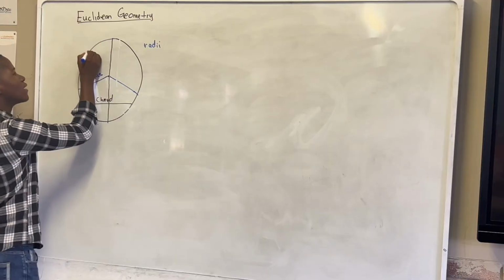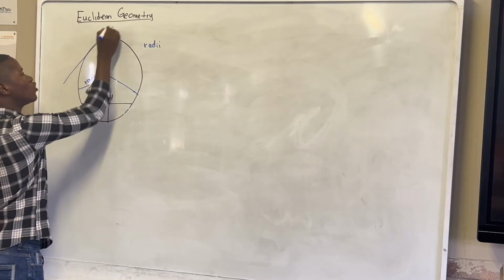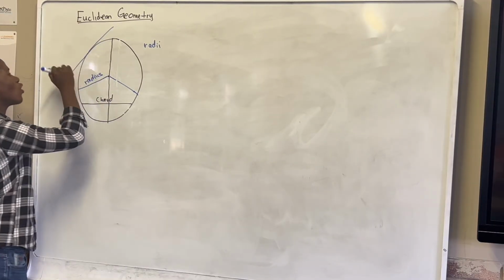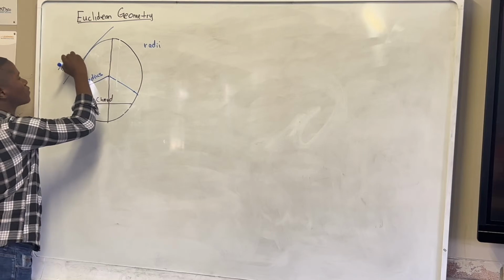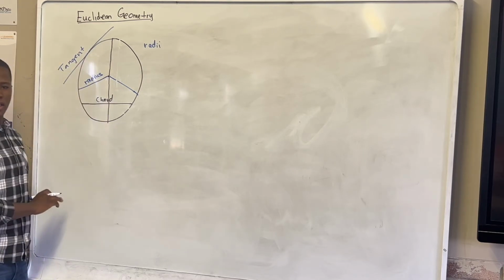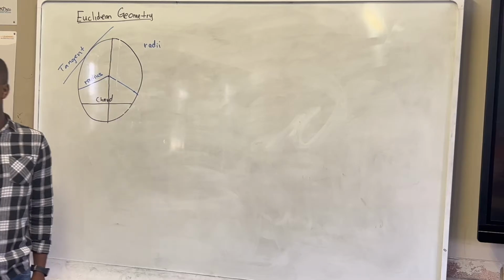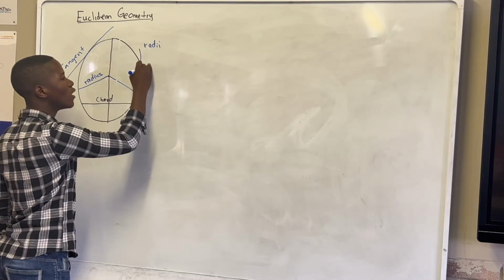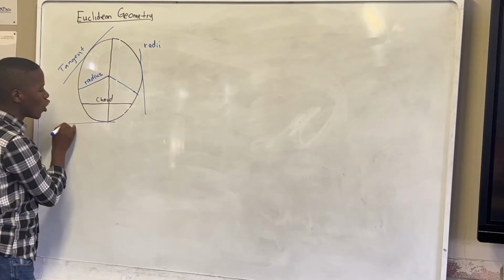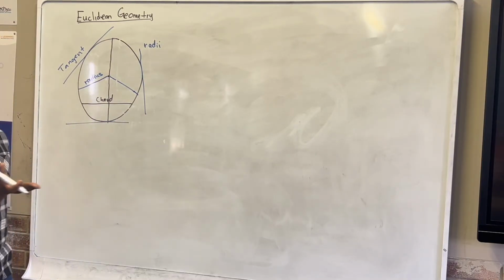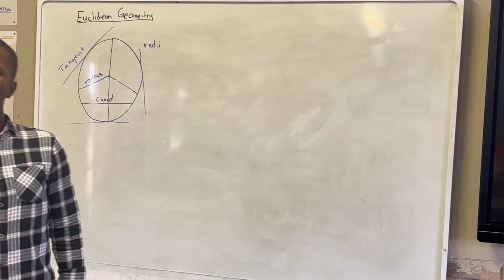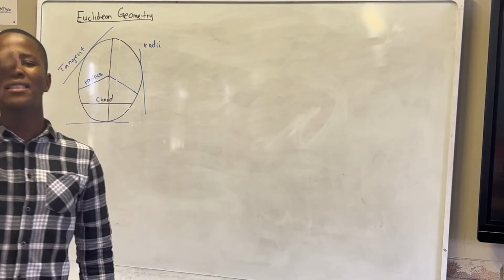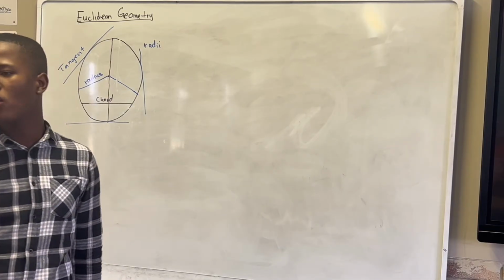If this line touches your circle just once, then we call it your tangent. Your tangent can be anywhere on your circle, it can be found here, here, or at any part of the circumference. As long as it touches once, we call that your tangent.